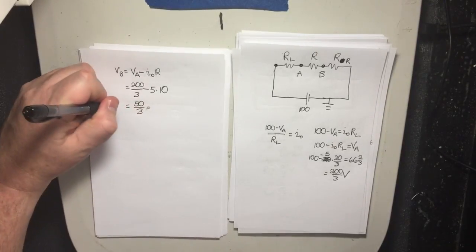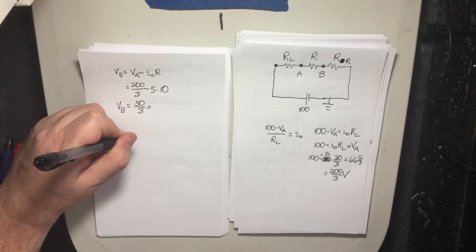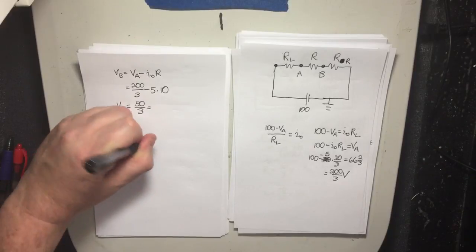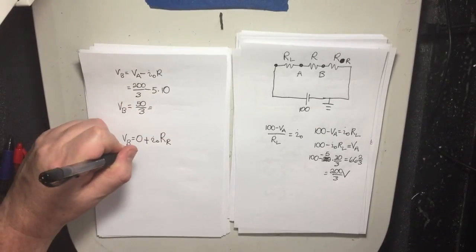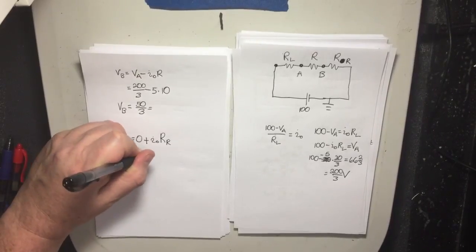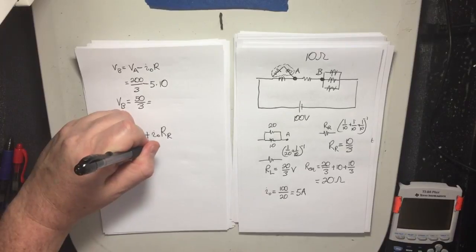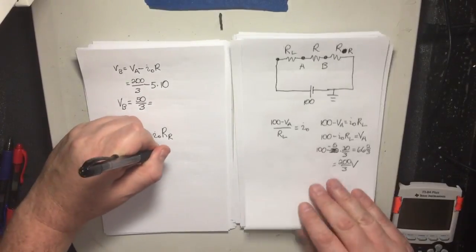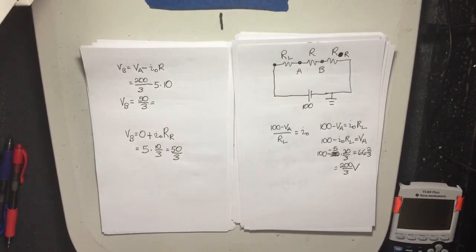And that's VB. But another way that you could do it is 0 plus I naught R sub R, which is 5 times 10 thirds, which again gives you 50 thirds. It also shows you the benefit of why you should keep it in fractions.